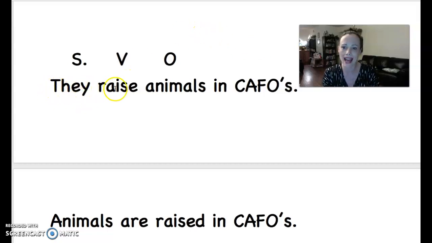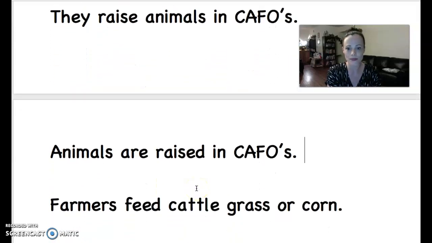So this would be my active sentence, they raise animals, and here would be my passive sentence, animals are raised in CAFOs. So I saw a lot of mistakes where people wrote things like animals raised, right? Or crops plant. So look out for that in your own papers, okay?